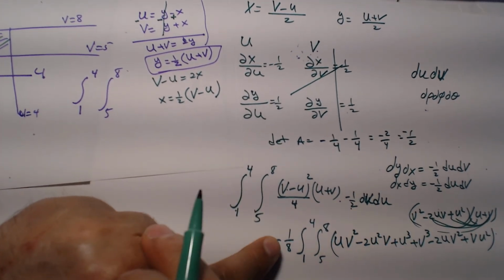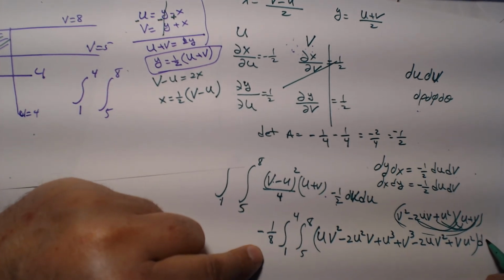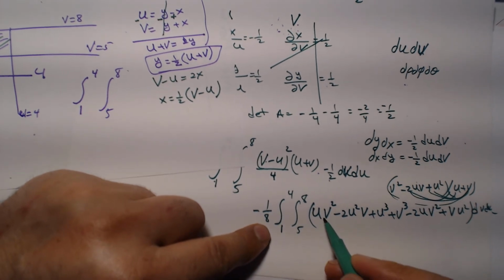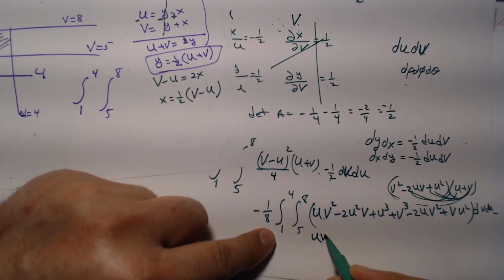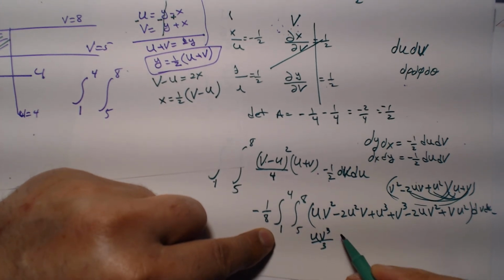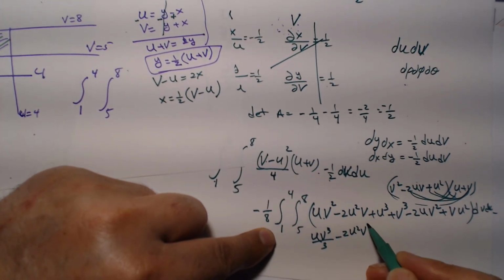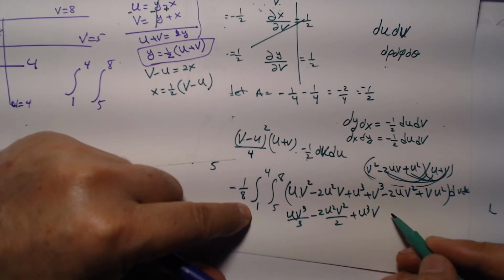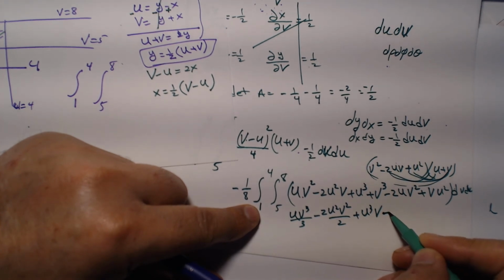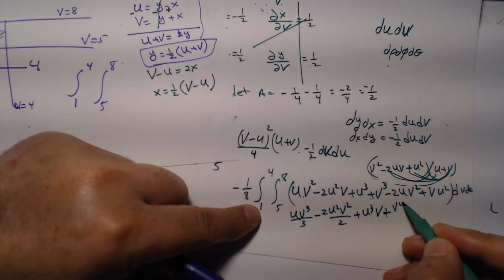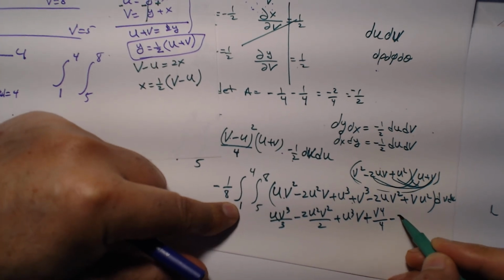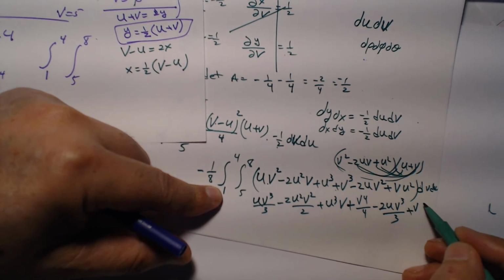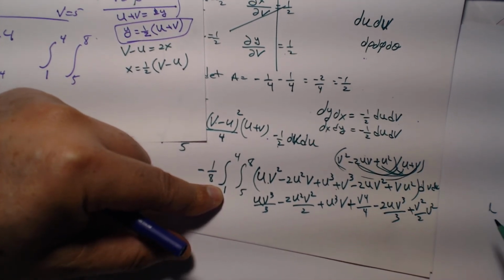I move the negative 1/8 outside. I have dv du. I'm going to do it with respect to v: uv cubed over 3 minus 2u squared v squared over 2 plus u cubed v, plus v to the fourth over 4 minus 2uv cubed over 3 plus v squared over 2 times u squared.